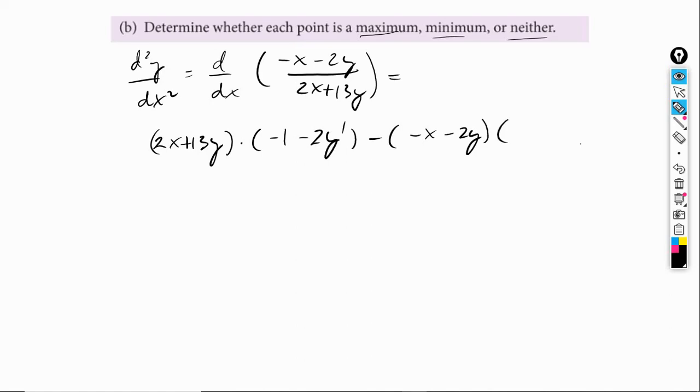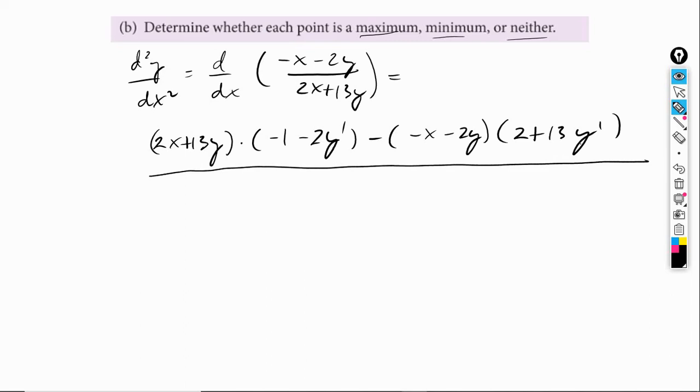So this times the derivative of the bottom function, that would be 2 plus 13y prime, and all of this over low squared. So low squared is going to be 2x plus 13y, and this squared.